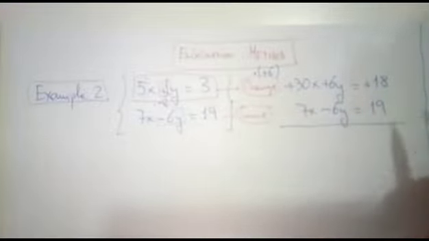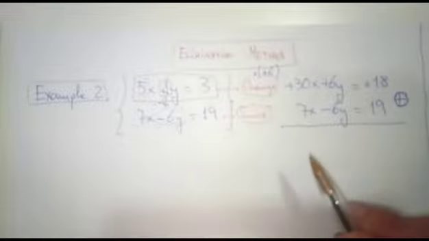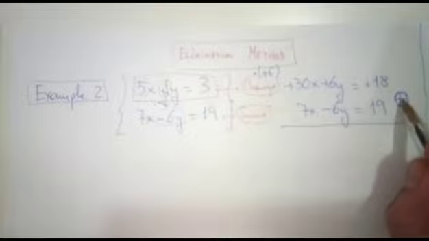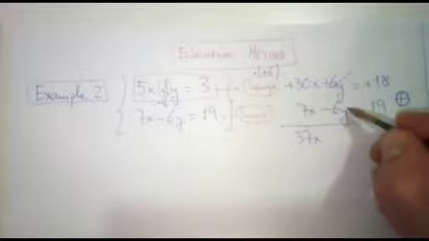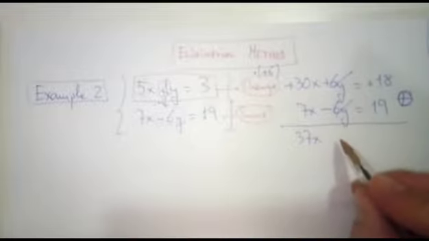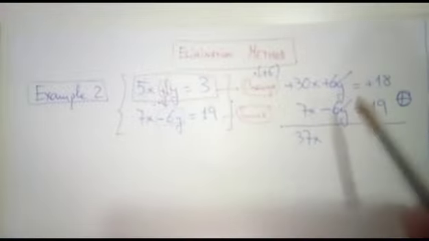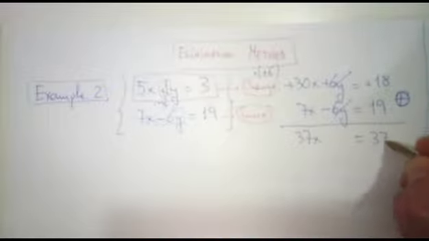If we add these two equations, one unknown is going to be eliminated. 30x plus 7x gives 37x, and plus 6y minus 6y, these two y's disappear, so we don't have to write them. The y is eliminated. This is the elimination method. It equals 18 plus 19, which is 37.